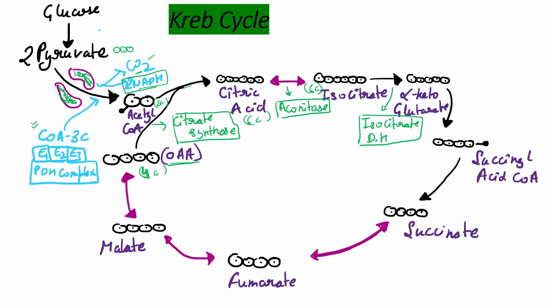But when isocitrate is converting into alpha ketoglutarate, 1 carbon is lost, so the molecule now formed is a 5-carbon. So the CO2 has been lost. And whenever you see dehydrogenase, it's obvious that NADH has been produced.